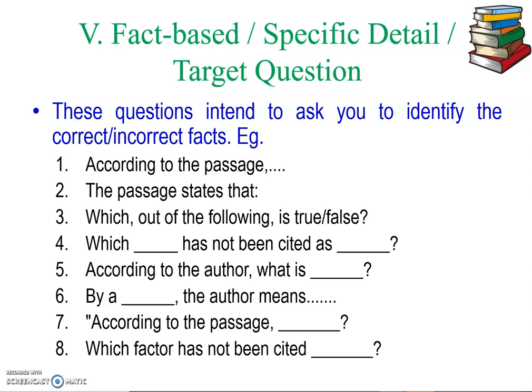Examples of these types of questions include: according to the passage, which of the following is true or false, which has not been cited, according to the author, what is, according to the passage, which factor has not been cited. So these are the target specific questions.